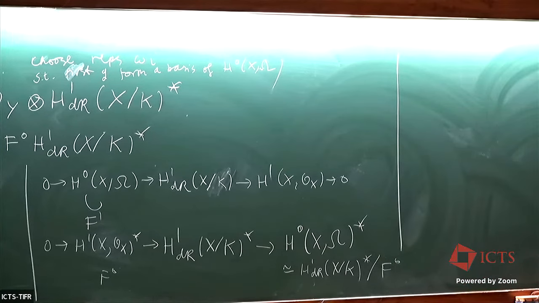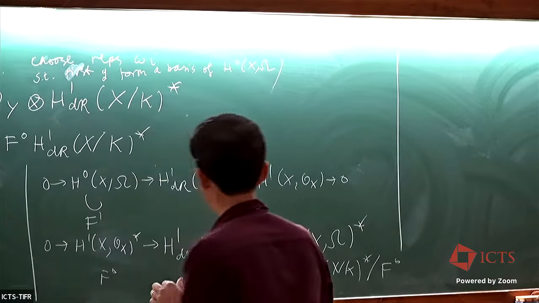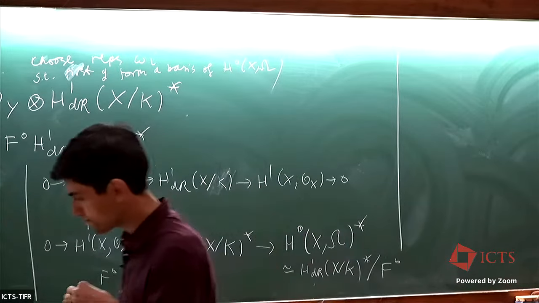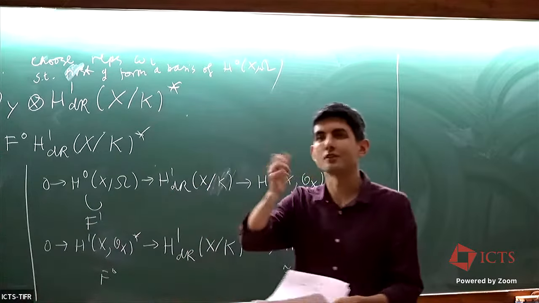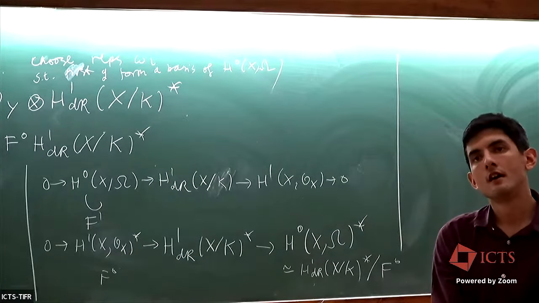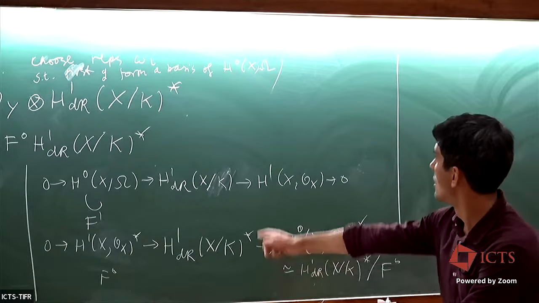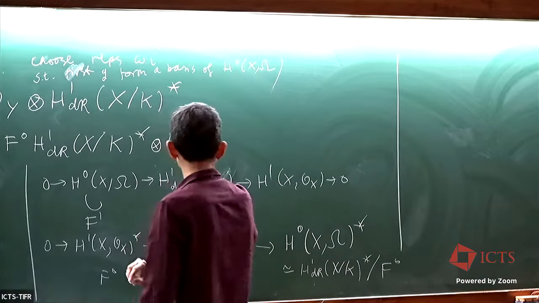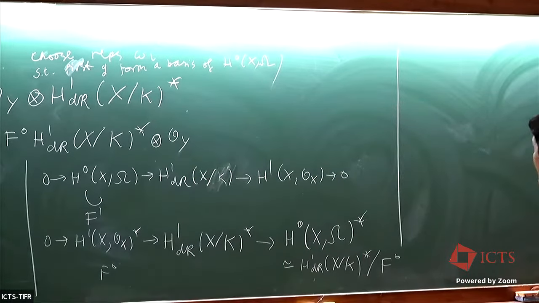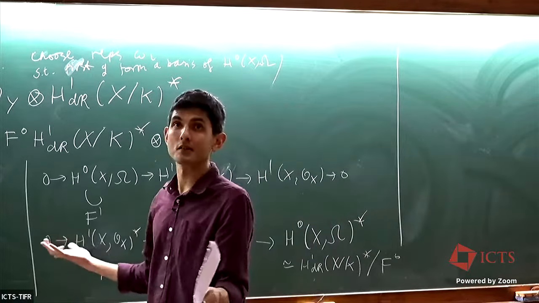Turns out for depth 2, it's slightly more complicated to calculate. And well, actually, what we can do is we just write down charts. So we're trying to describe a subbundle of a vector bundle.